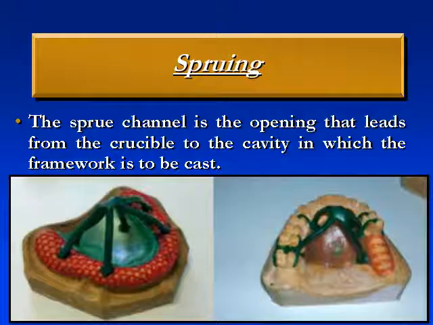Sprueing: what we mean by the procedure of sprueing. A sprue channel, by definition, is the opening that leads from the crucible former to the cavity of the metal framework, in which the framework is to be cast.